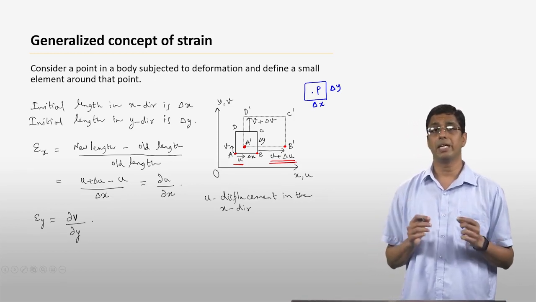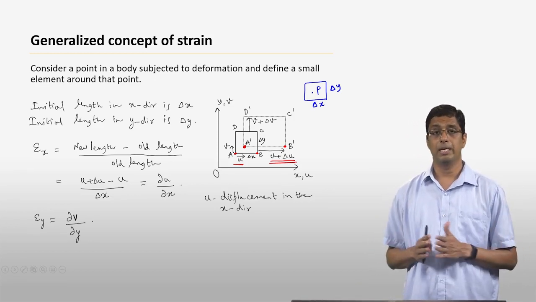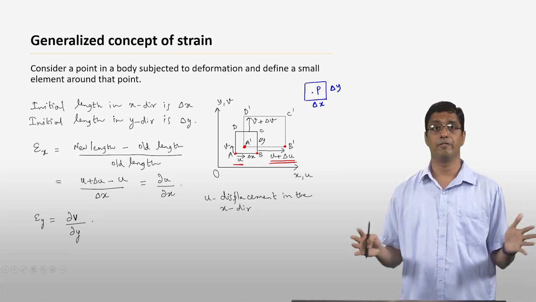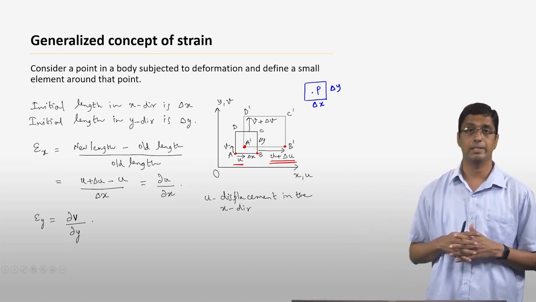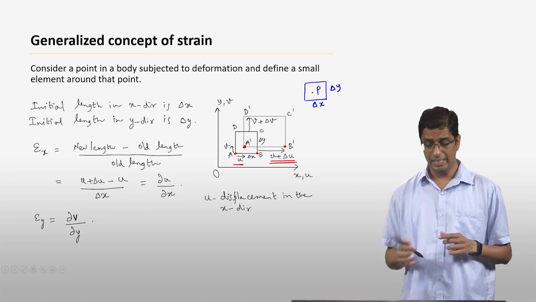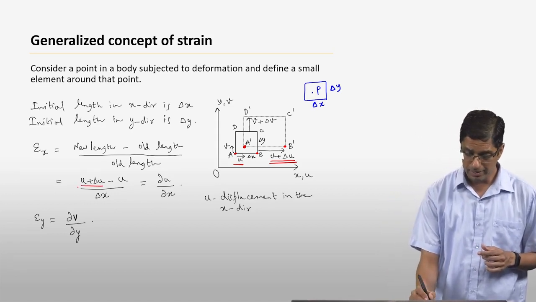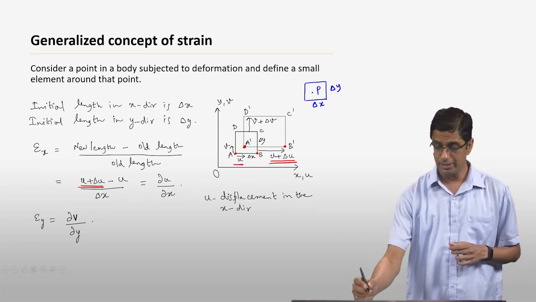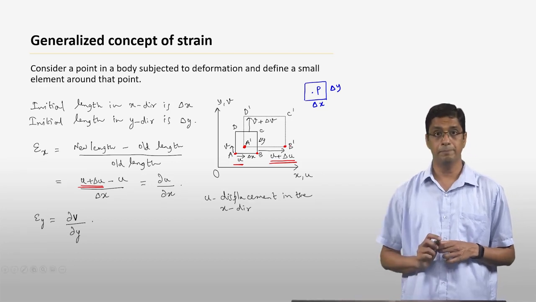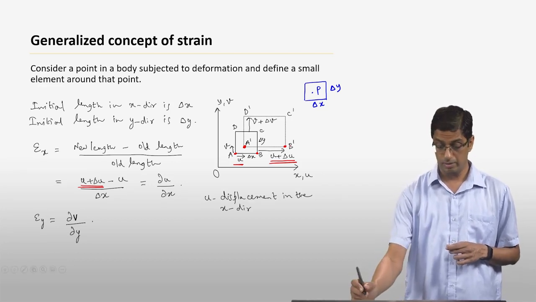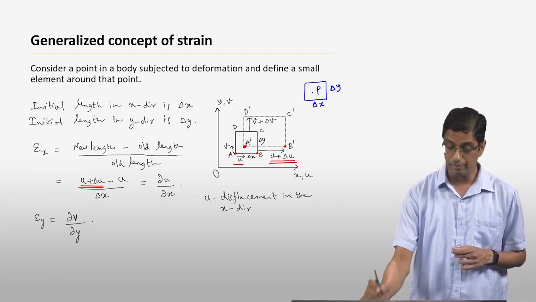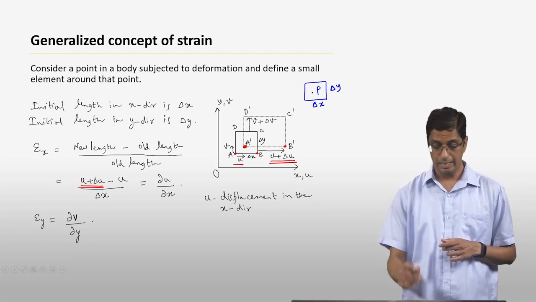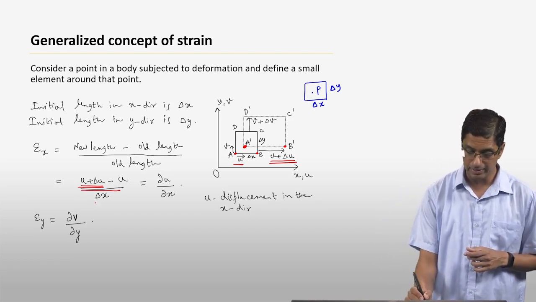Now, if you want to think about how much the length has changed for this element, it is going to be nothing but u plus delta u, that is the new location of B prime, minus the new location for A prime, divided by the initial length, which is delta x.